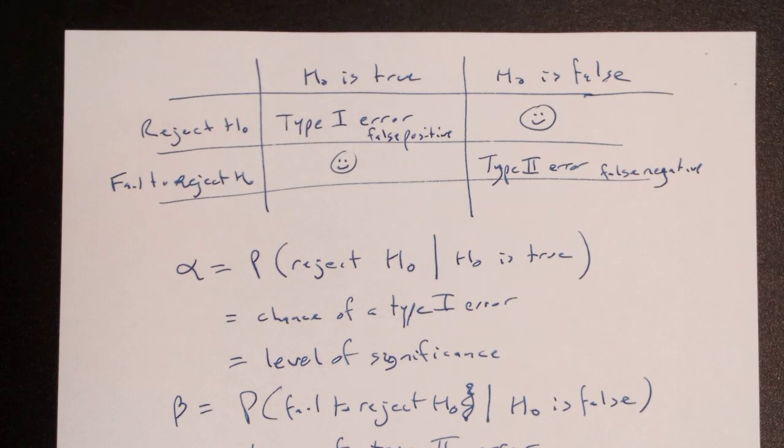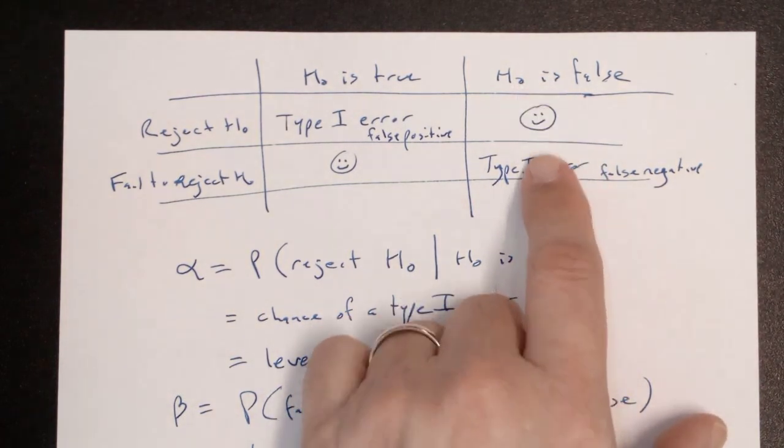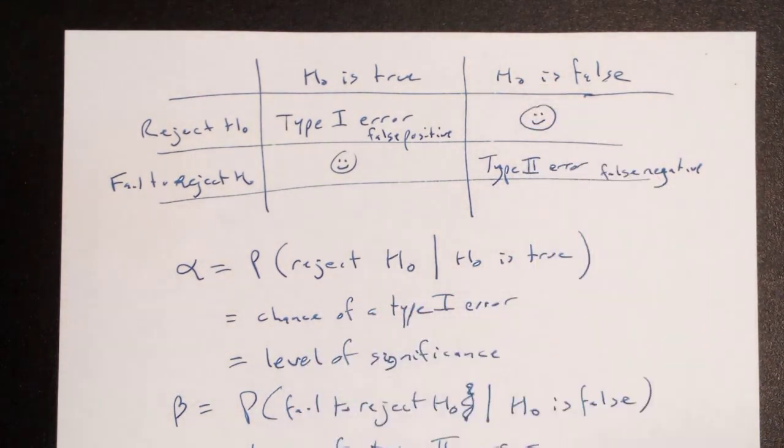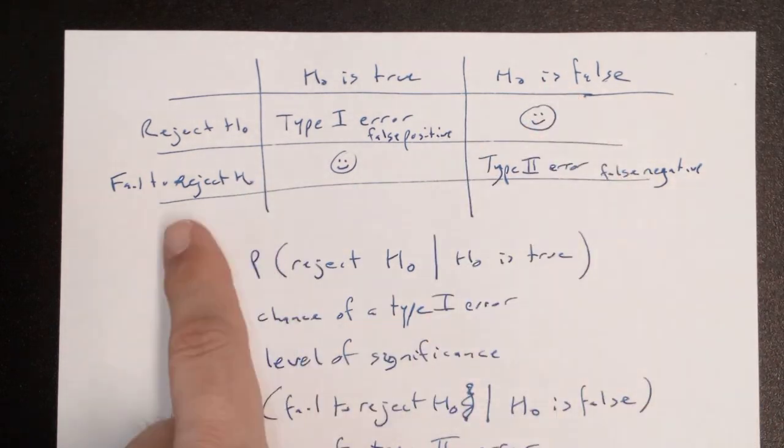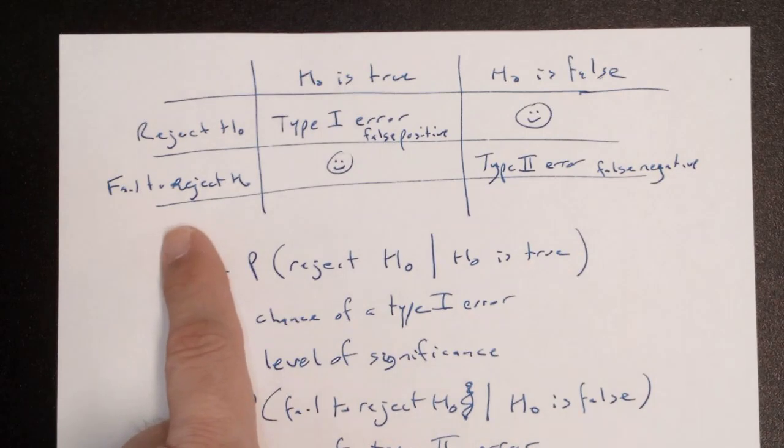Your brakes are fast. Yeah. If my null hypothesis is that my brakes are fine, being in the type 2 column tells me my brakes are not fine. A type 2 error, my brakes are not fine, but I think they are.